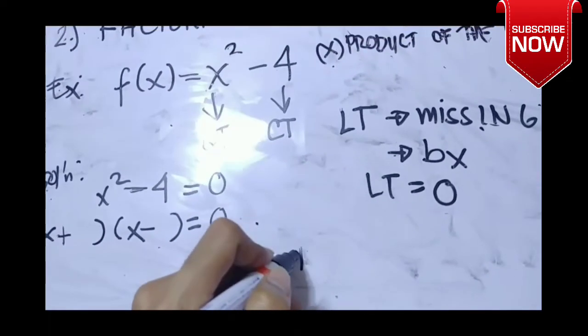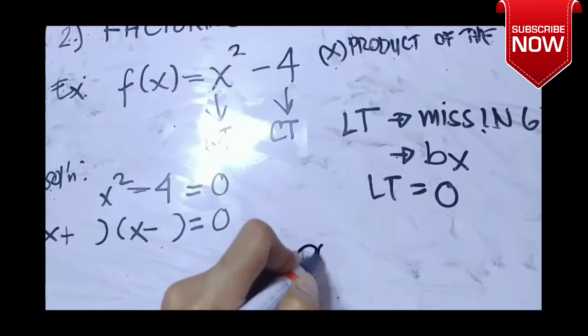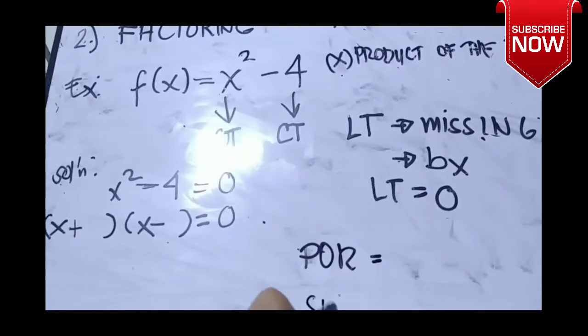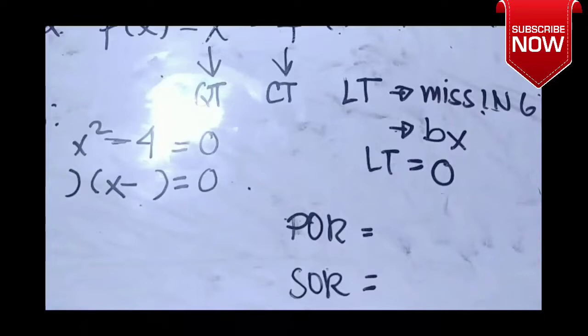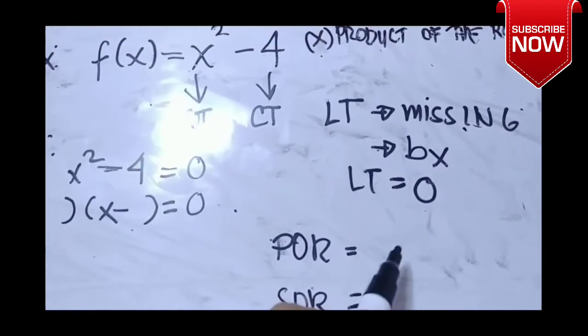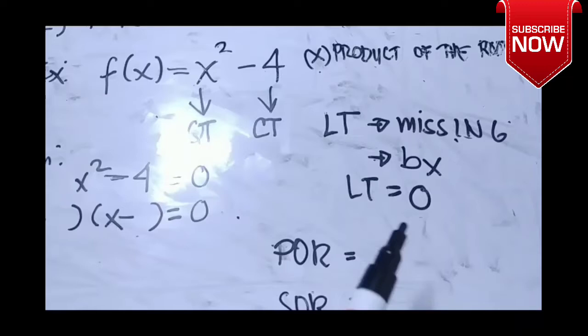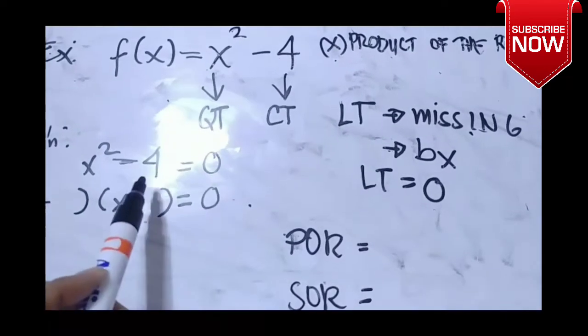Okay, sa POR, product of the roots, and SOR, sum of the roots. Okay. So, sa product of the roots, ano yung dalawang numbers na pag minultiply mo, ang sagot ay 4?